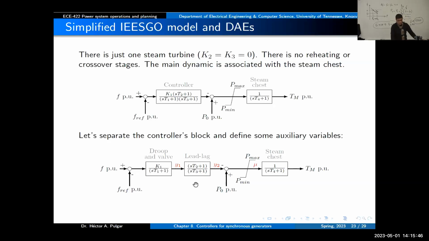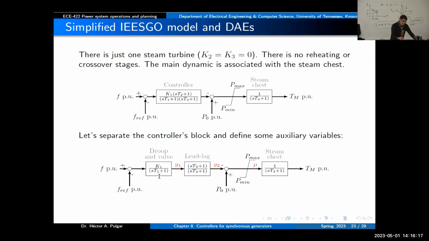When we do that, then we will have these two blocks now, and we can name this block and what is the purpose of each of these parameters. So K1, we know that is the droop characteristic, the slope in our control characteristic. And K1 will be the inverse of the speed regulation constant. And here you will have a first order differential relationship with a time constant T1.